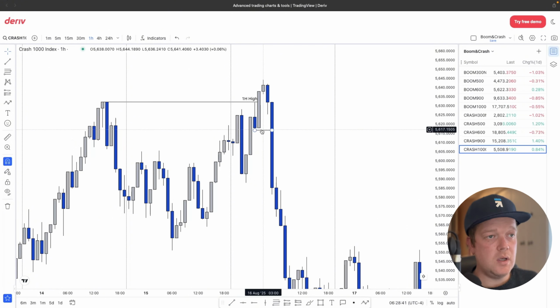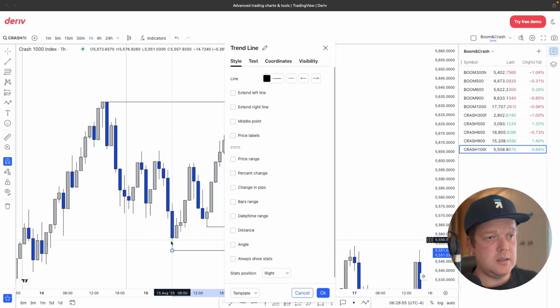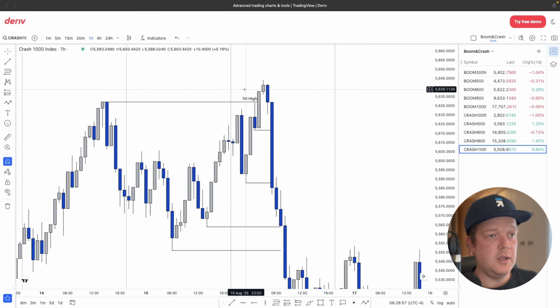Why was it this one? We have a down candle and an up candle. We have a low right here, we have a low right here, and we have a low right here inside of this move up. You can take these lows as targets.